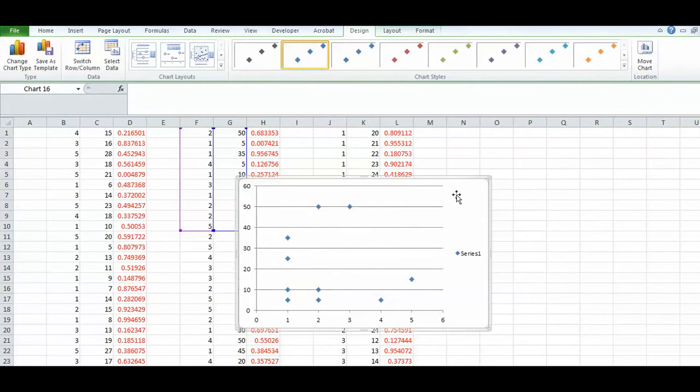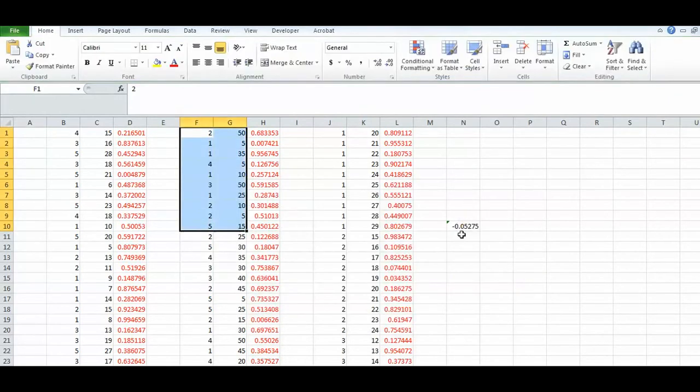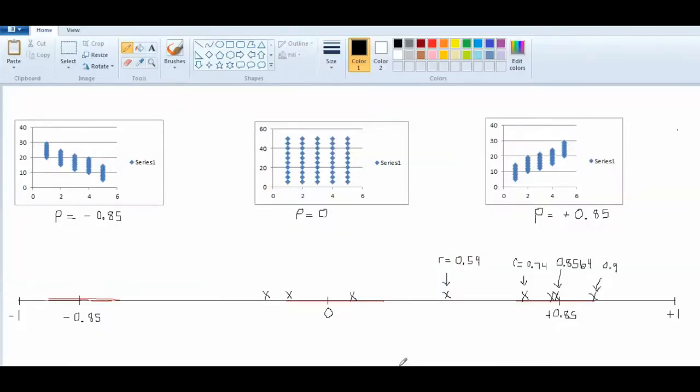Yeah, it's pretty much no correlation, and it's actually really weak. It's a negative 0.05, which is a very weak negative. It's basically 0. It's probably right about there.